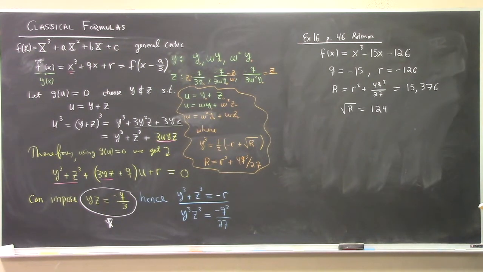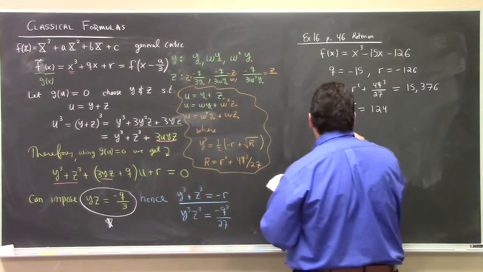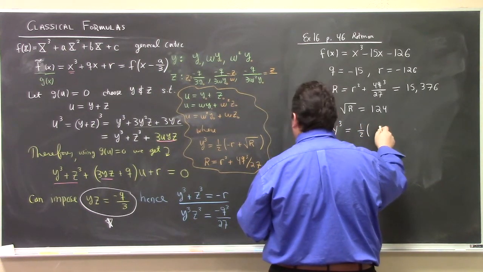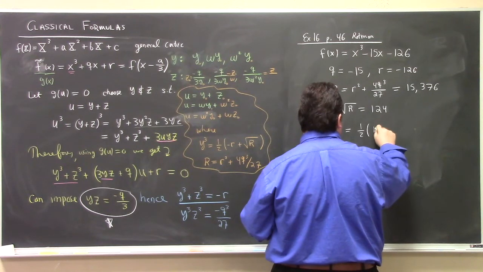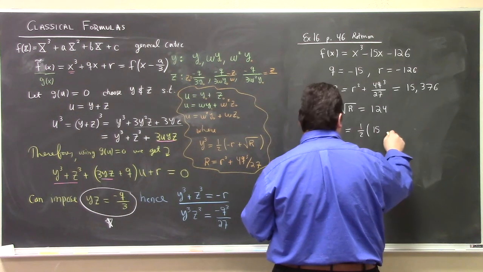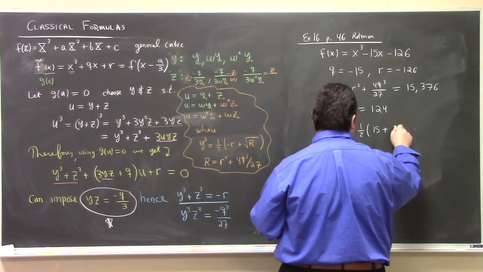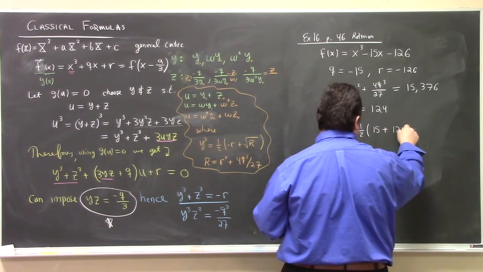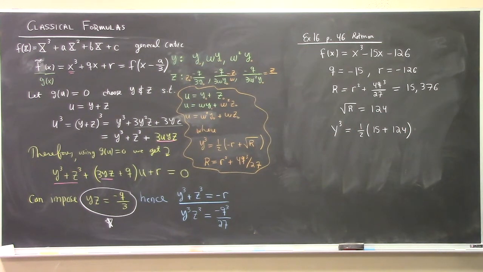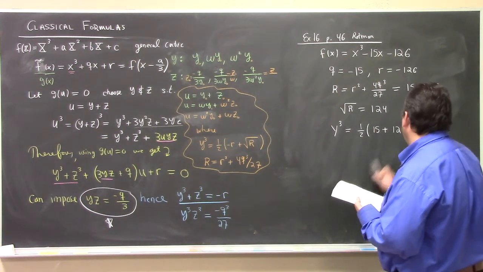All right. And so what we're solving then is y cubed equals 1/2 of minus little r plus the square root of R. Oh, I did that wrong, didn't I? What was little r? Little r is minus 126.